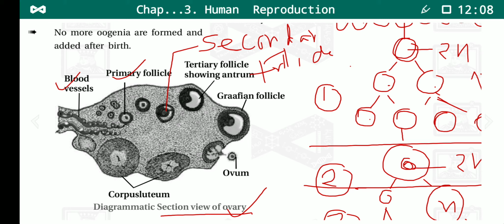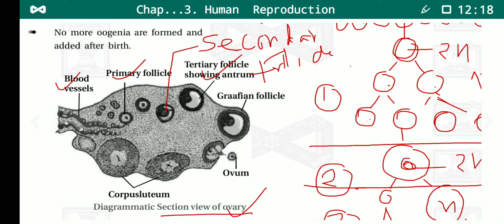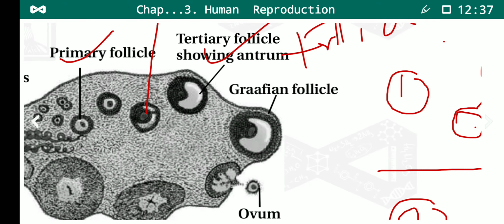Here you see this is the tertiary follicle. The tertiary follicle consists of two layers, outer theca and inner theca, and on one side a mass of cells is present. The remaining part of this tertiary follicle has a space called the antrum, and in this antrum a liquid is present.